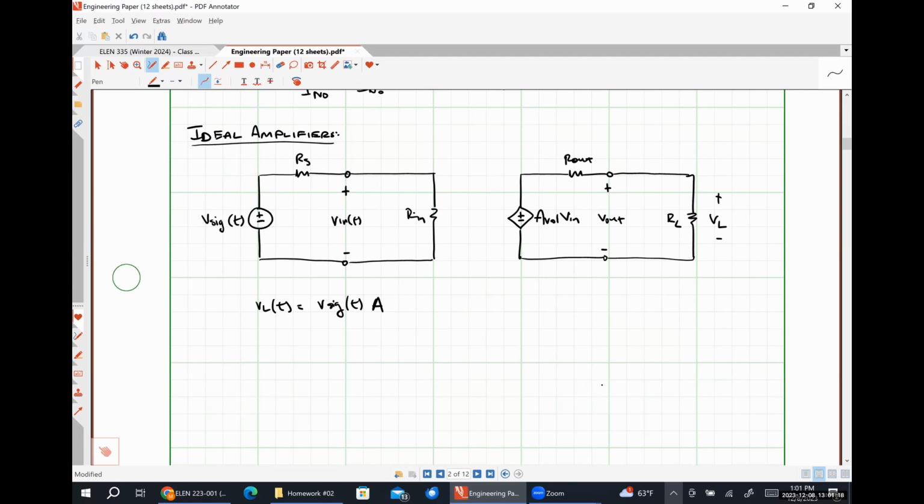So what value must Rn have to make Vn equal V sig? If Rn was exactly equal to Rs, I believe Vn would be 1/2 of V sig, which is not what I want.